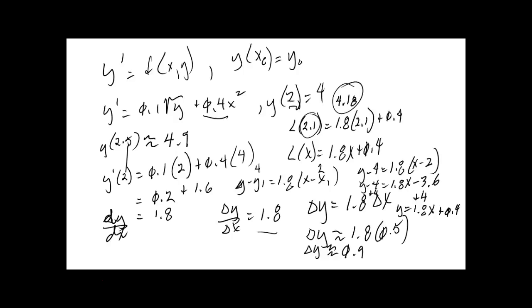Then do it again. This time, let's see, what we'll use is the delta x then. Probably a 0.4 that time, because we used the 0.1 this time. You're up to 2.1, so to get to 2.5, you use a 0.4.